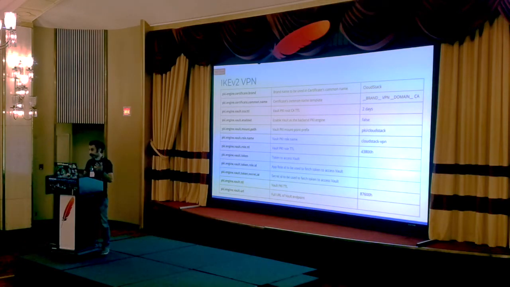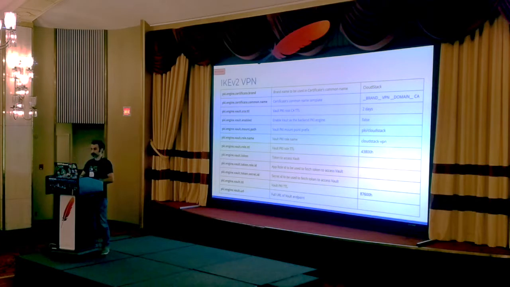Thanks to Rohit for his amazing job on that front. But it can be cut over with this global setting, so that we use Vault as a backend engine for the IKEv2 VPN implementation. So you need to switch over to IKEv2, then enable Vault as a backend engine. Then the rest of them are basically the configuration for how you want to define your Vault setup.